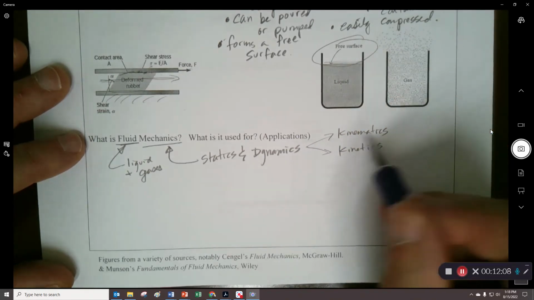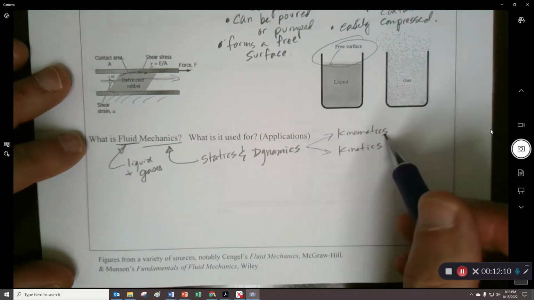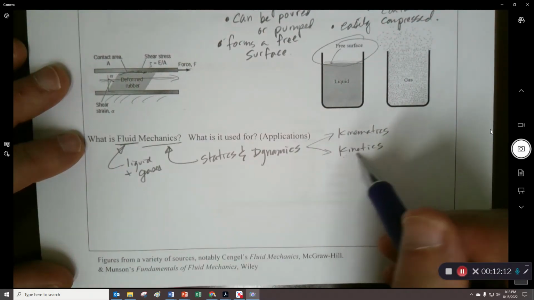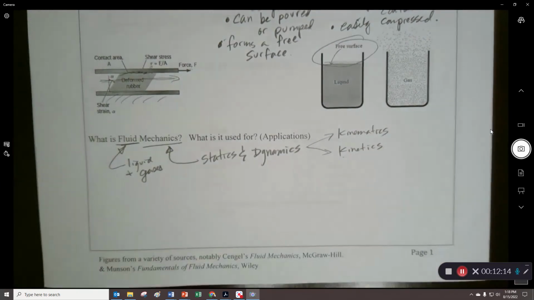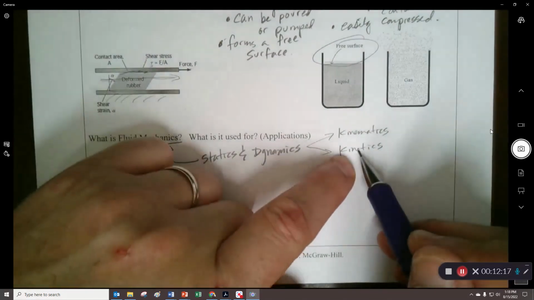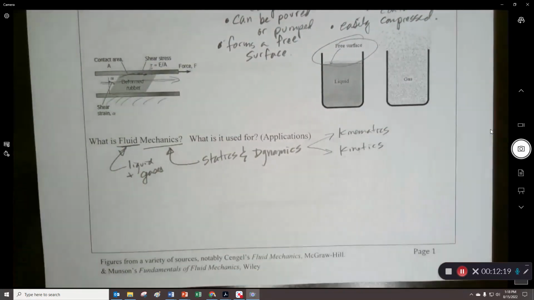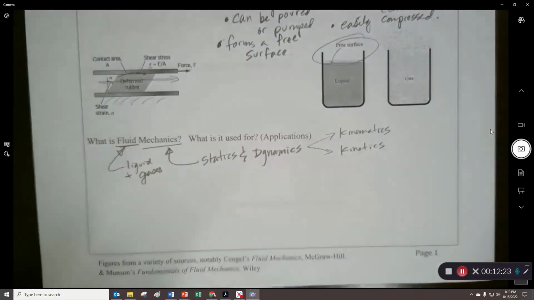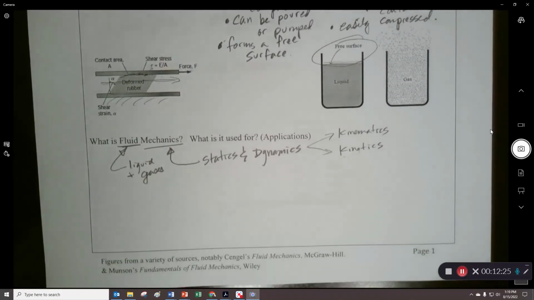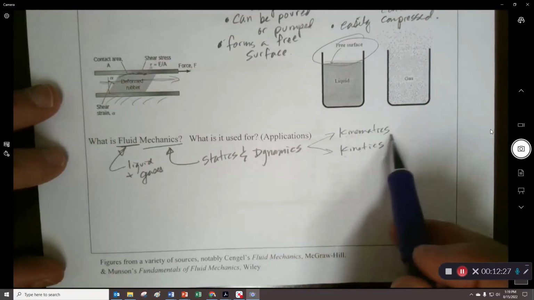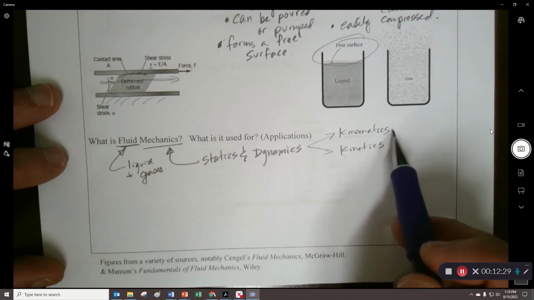Remember, kinematics just describes the motion, while kinetics is the cause and effect, F equals ma. In kinematics we figure out how position, velocity, acceleration, and time are related to each other, and we just describe what we see, and we don't know why it moves that way.